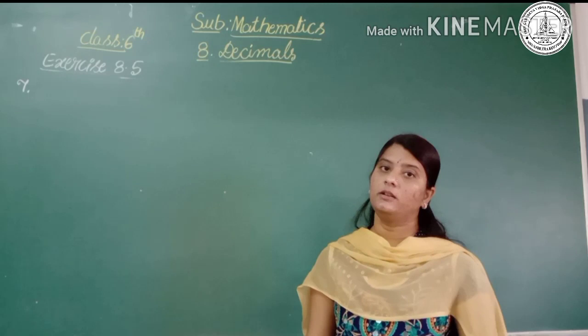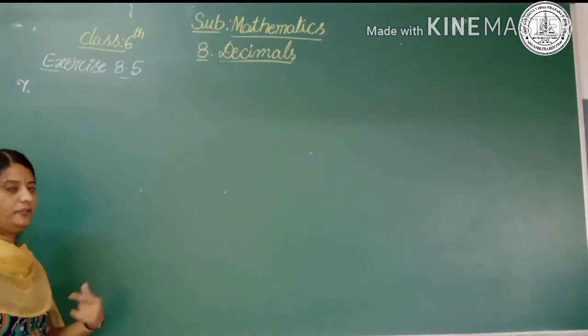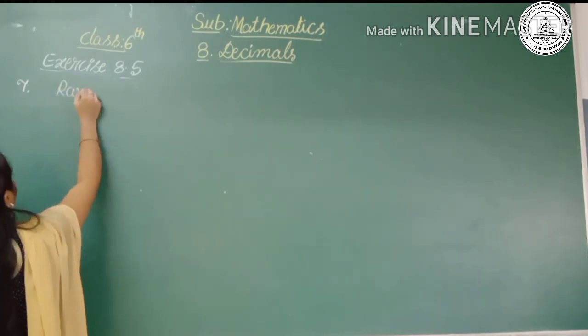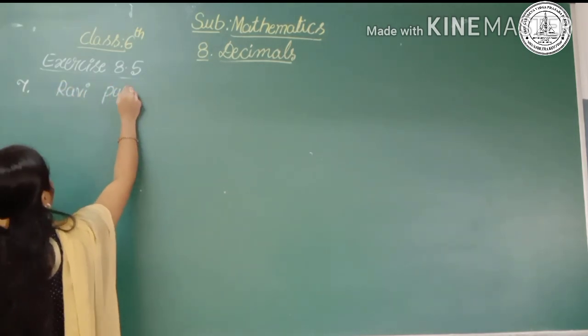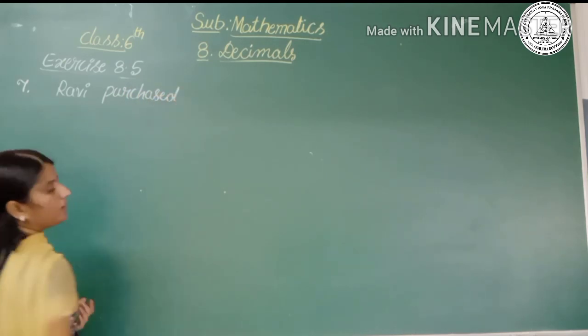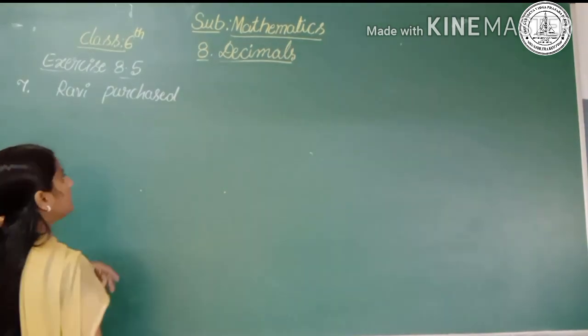Okay. The first sentence, write down here: Ravi purchased quantity of rice, sugar and flour. You can write quantity or you can also write weight. Okay, so I will write here quantity.